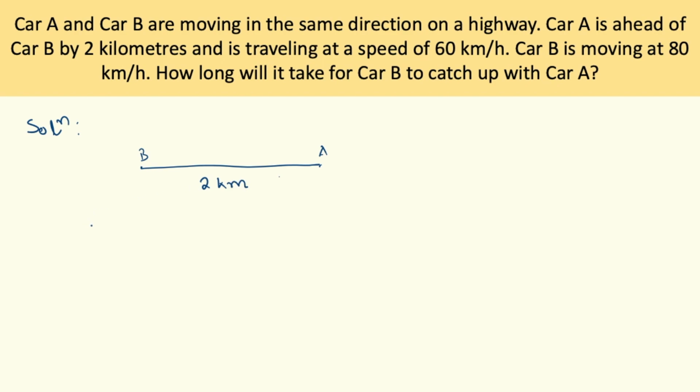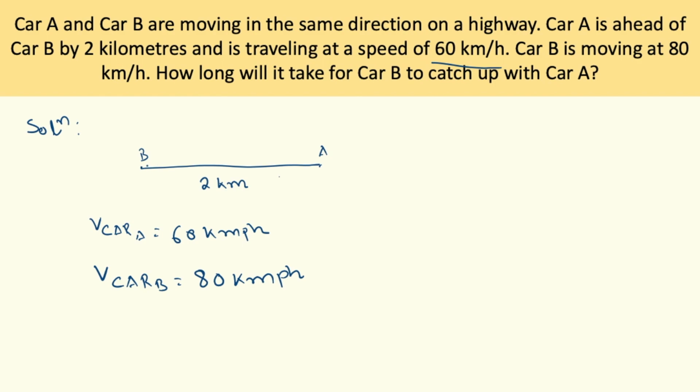Now the speed of car A, V car A, is equal to 60 kilometers per hour. And V car B is equal to 80 kilometers per hour.